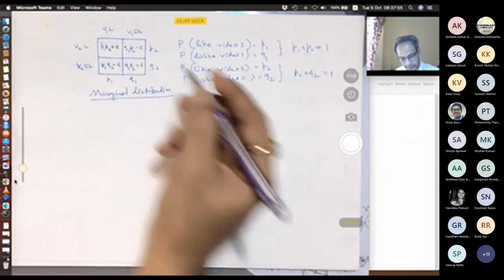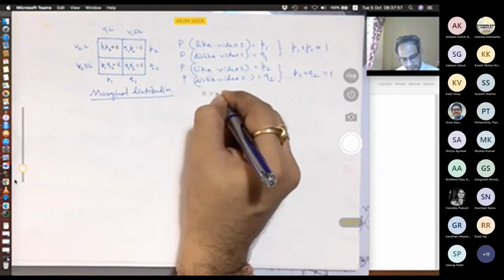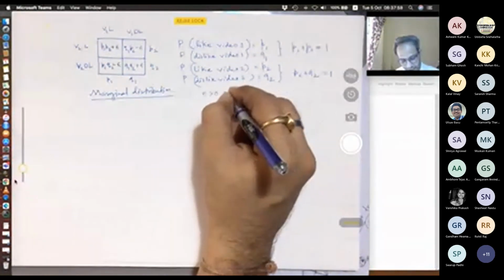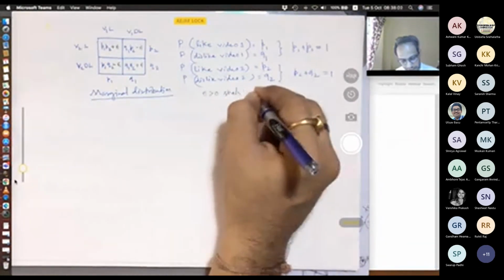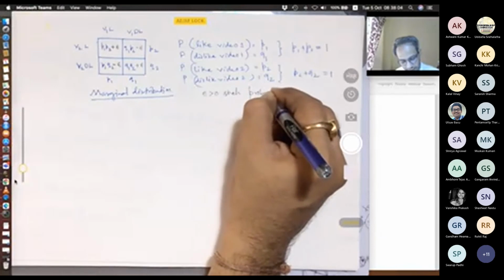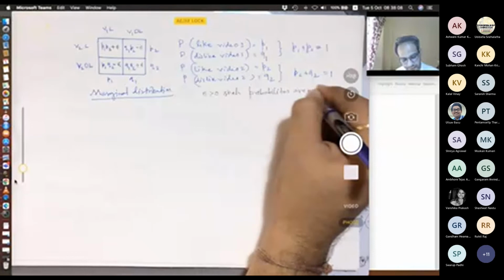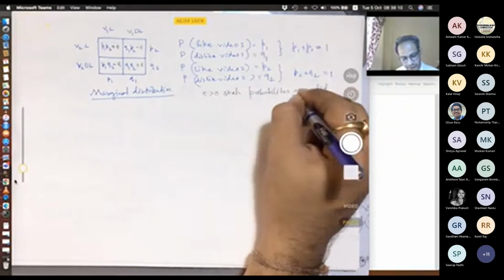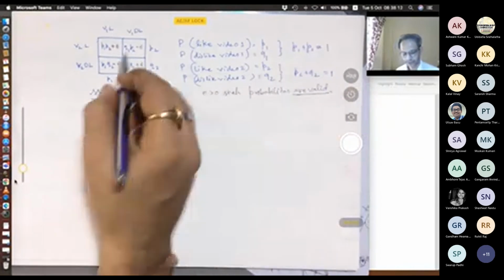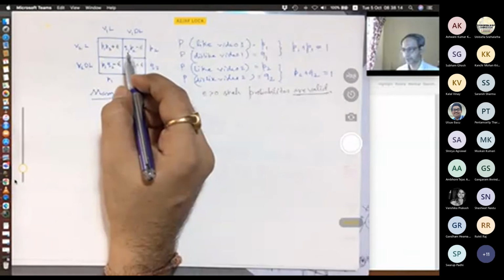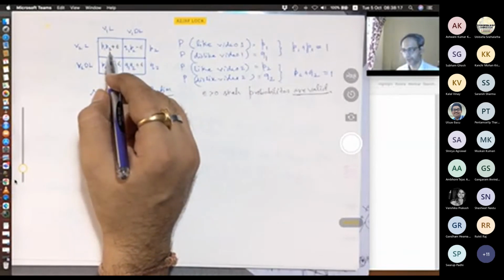Okay. So epsilon is a positive number such that the probabilities are valid. It should not go to such a negative number that the probability is not valid, or exceed 1.